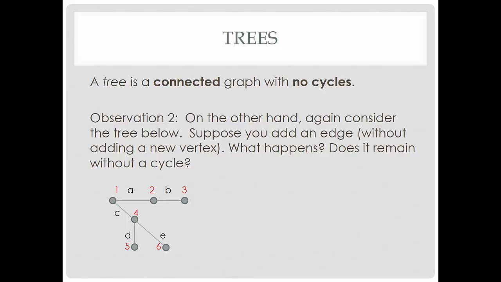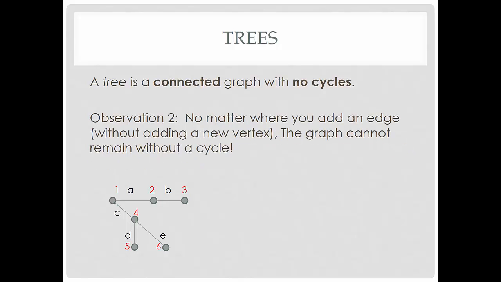What will happen to the graph? If I connect the vertices 2 and 4, I'll generate a triangle. If I connect the vertices 3 and 6, I'll generate a path of length 1, 2, 3, 4, 5. And my claim is, what will happen if I add an edge anywhere? I claim that if I add a single edge, I will generate a cycle.